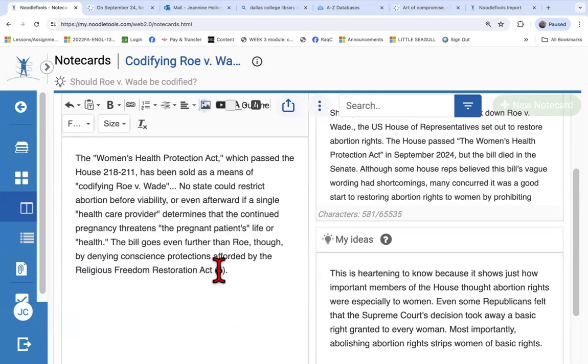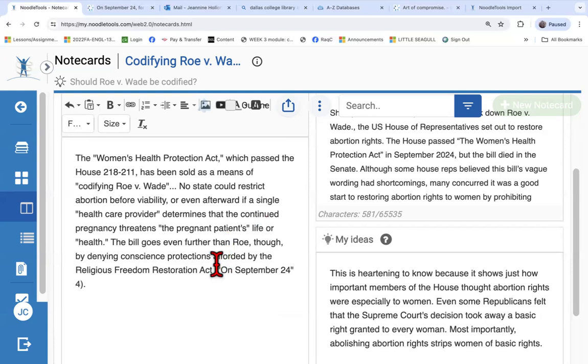So let's put this here: "On September 24." And then when the professor wants to look it up, she can go back to the works cited and find it alphabetically under "On September 24th" and go to page 4. She'll know that's where it is.